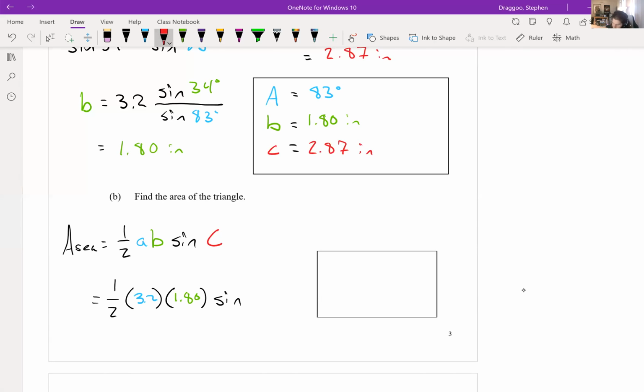And then angle C was 63 degrees. Plug all that into a calculator.